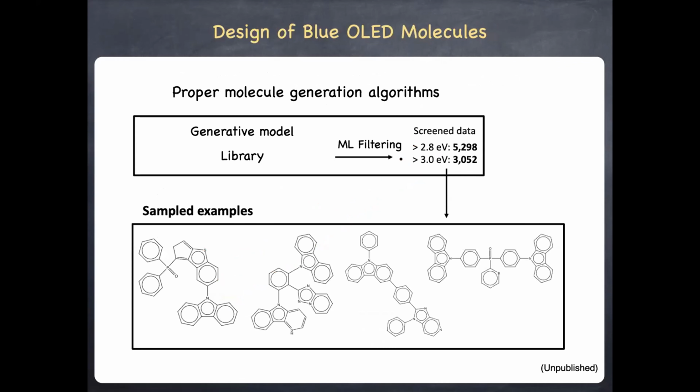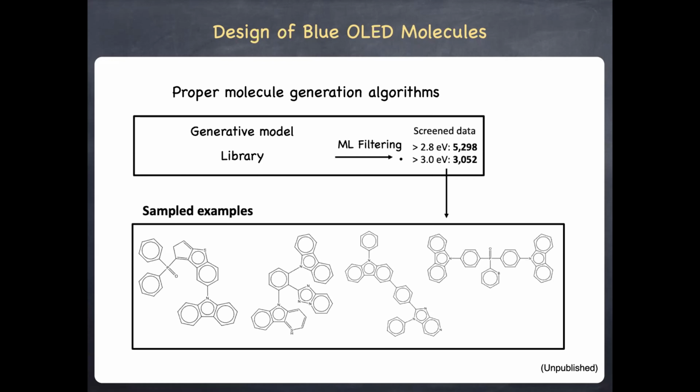Now, since you have a tool to calculate the triplet energies of a molecule without DFT calculations, you can generate a massive library of molecules using either generative models or some random mutations of the already known materials. And then you can use this machine learning model to filter out those that belong to your target triplet energy ranges.